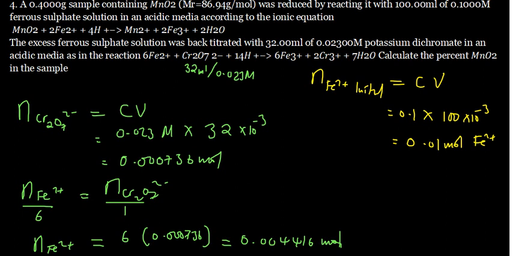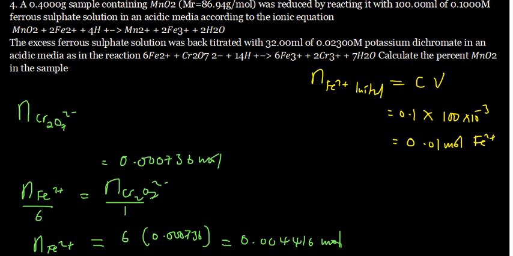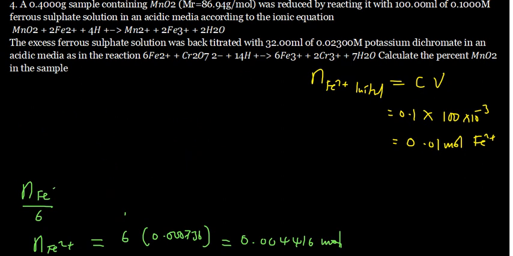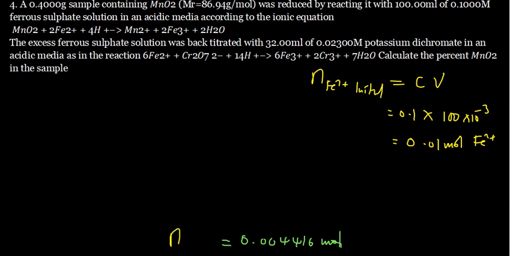So we have got the initial moles, and we have got the moles which reacted in the second reaction. How can we determine the number of moles of iron 2 plus which reacted in the first reaction? It was initial minus the excess.